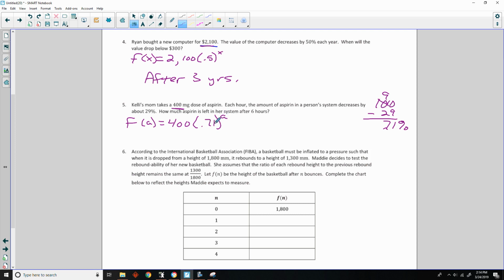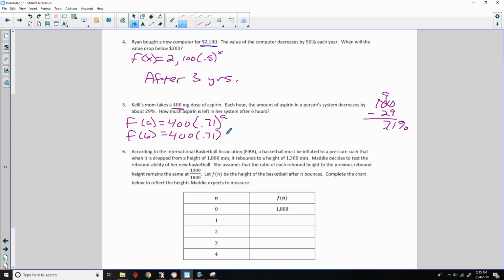So if a is 0, that would be 0.71 to the 0, which is 1, times 400 would be 400 milligrams. And after 1 hour, it'd be 71% of 400, and so on. So it says how much aspirin is left in her system after 6 hours. So I want to know how much aspirin is left after 6 hours. So I guess that should be f of t.